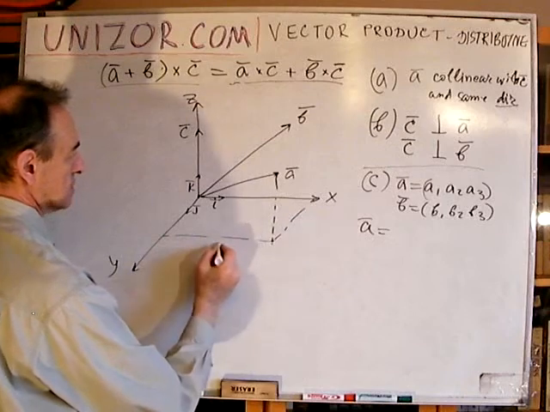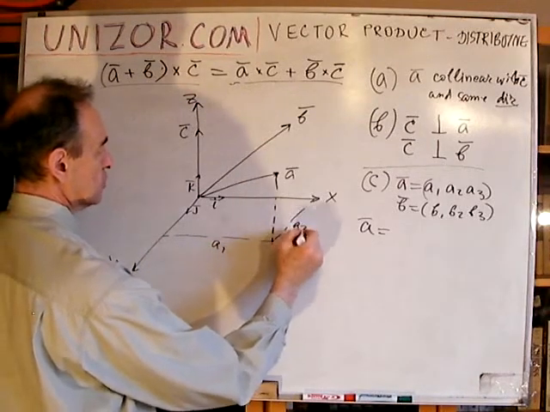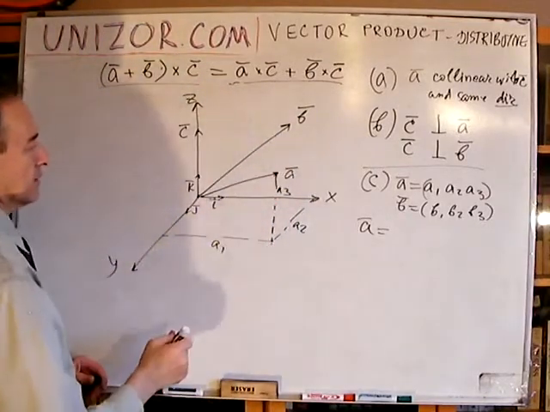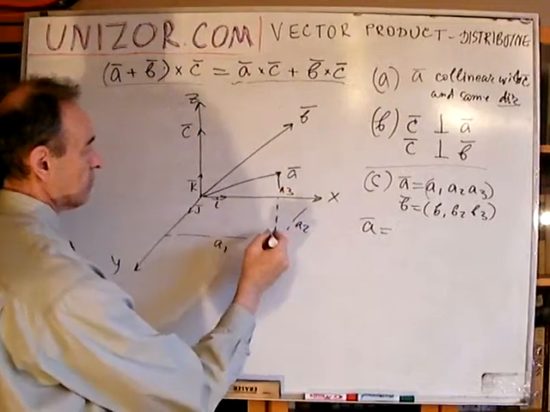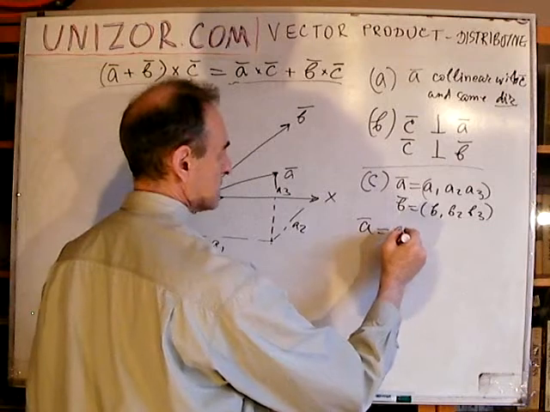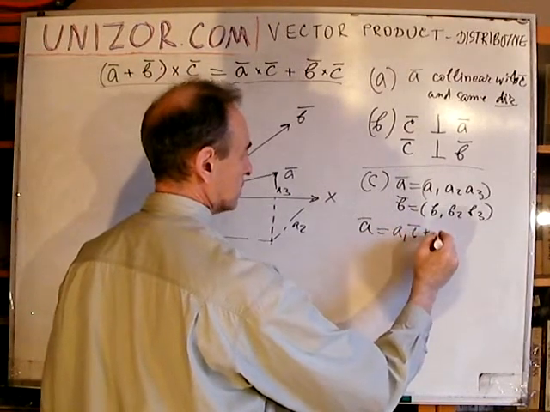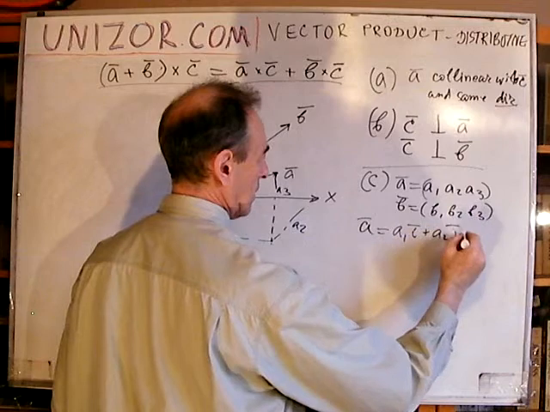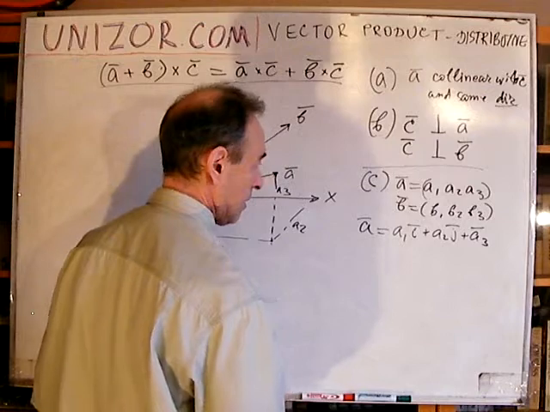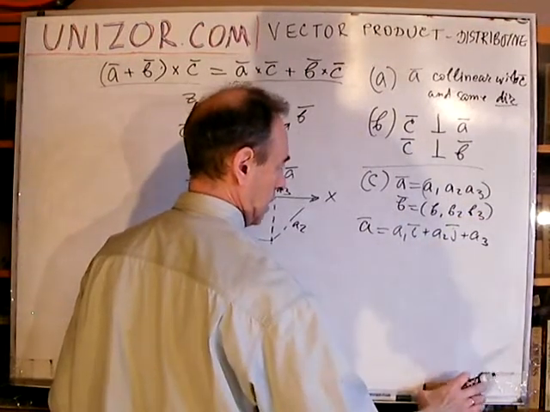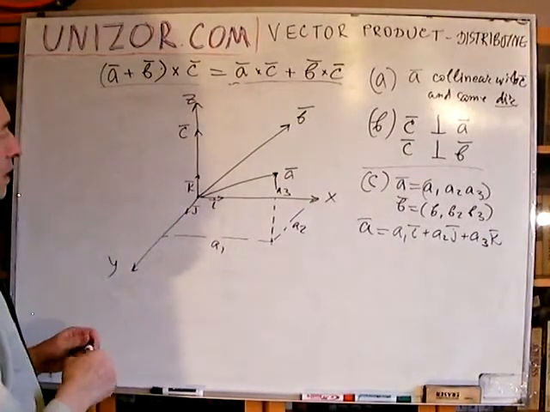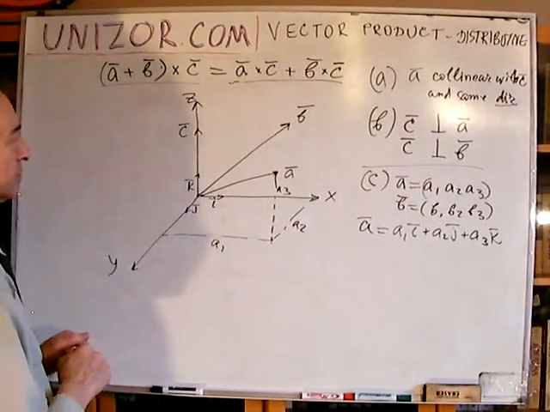Now, obviously, since A1, A2, and A3 are projections, so this is A1, this is A2, and this is A3, right? A1, A2, and vertical A3. Now, obviously, I can represent the vector A as sum of these vectors. Why? Well, for obvious reasons.